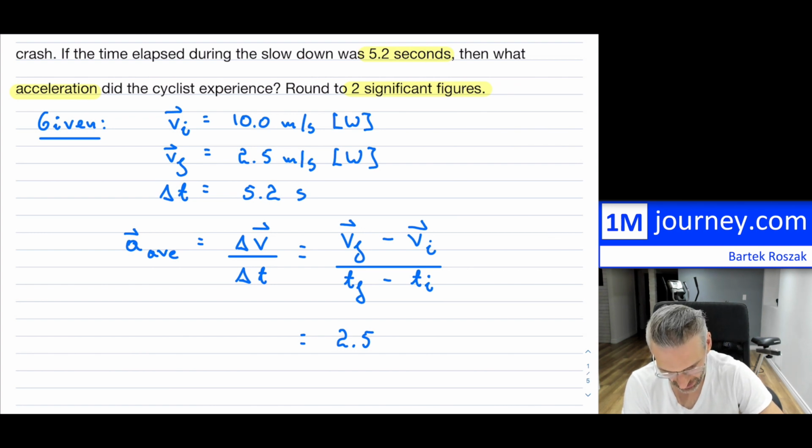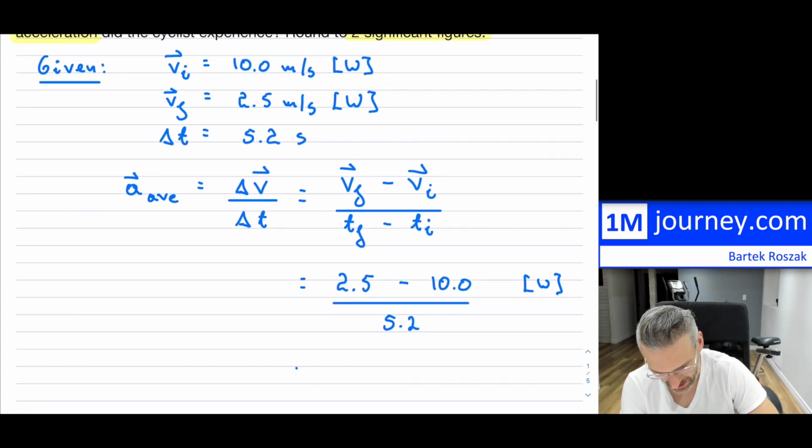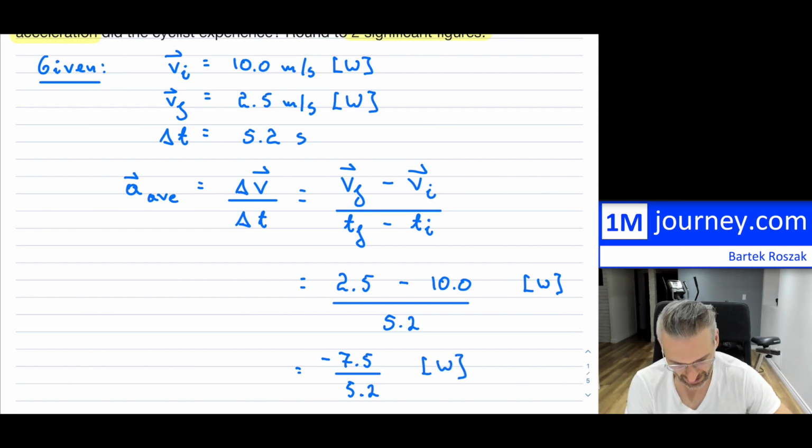It's already west, so I'm going to just keep it on the outside there. This is going to be minus 10, all going west, over the duration, which is 5.2 seconds. So everything lines up. It is 7.5, negative, over 5.2, and this is going to be west.